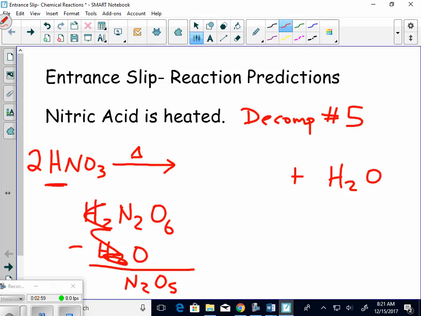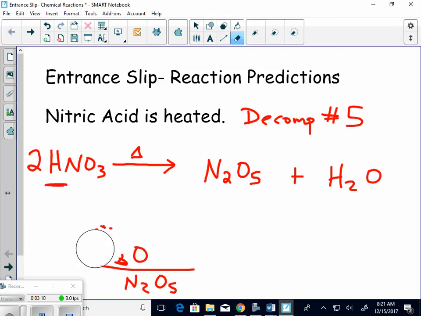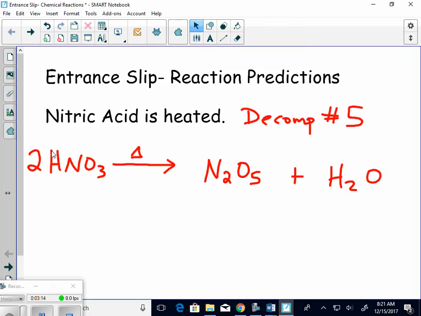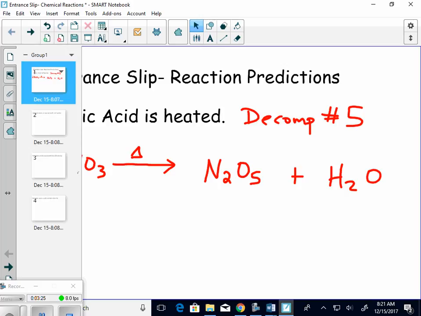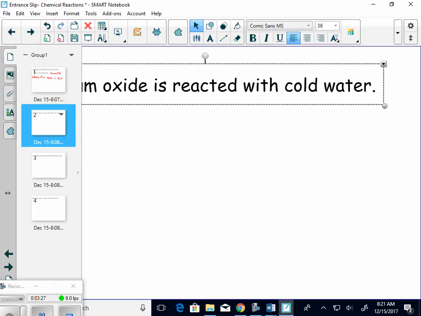So my nonmetal oxide that I have left, cleaning up my equation, would be dinitrogen pentoxide. If you have questions, go ahead, raise your hand, chime in.